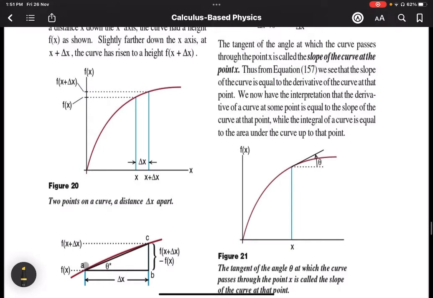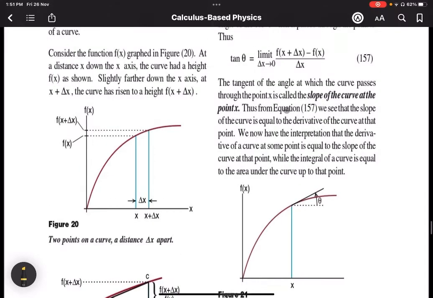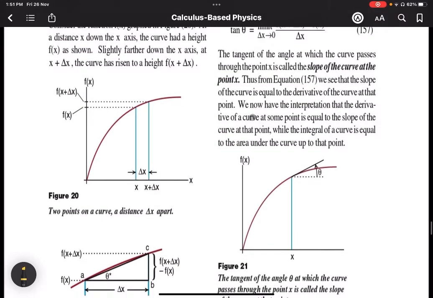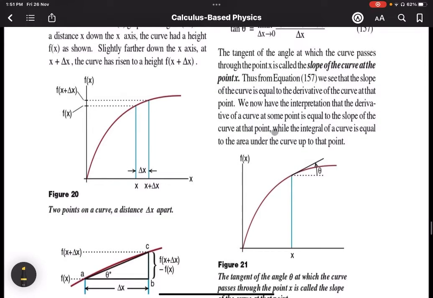Thus, from 157, we see that the slope of the curve is equal to the derivative of the curve at that point. We now have the interpretation that the derivative of a curve at some point is equal to the slope of the curve at that point. While the integral of a curve is equal to the area under the curve up to the point.